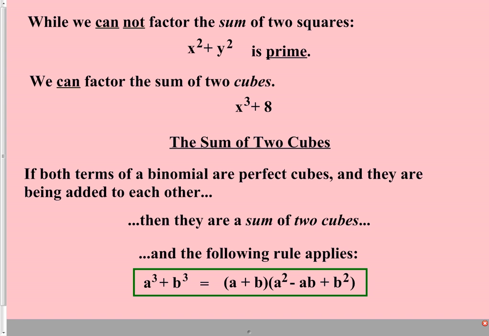The binomial will be the a plus the b. That's pretty much the same structure as your binomial was. Then we're going to multiply that times a squared minus a times b plus b squared. That's going to take a little getting used to, but that is the rule. So let's take a look at this with something other than a's and b's.